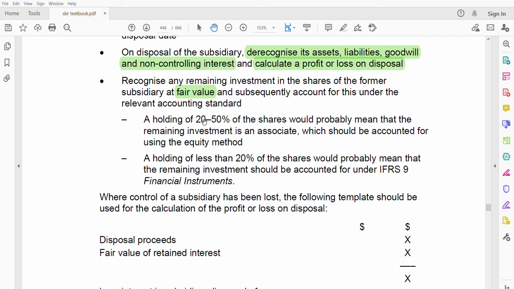If the holding is between 20 to 50%, it would probably mean that the remaining investment is an associate. So if it's an associate, you have to use equity accounting. Whatever is remaining after you have disposed, you will treat it as an associate and you'll be using the equity method. Next, if it's less than 20%, then the remaining investment will be treated under IFRS 9 Financial Instruments.